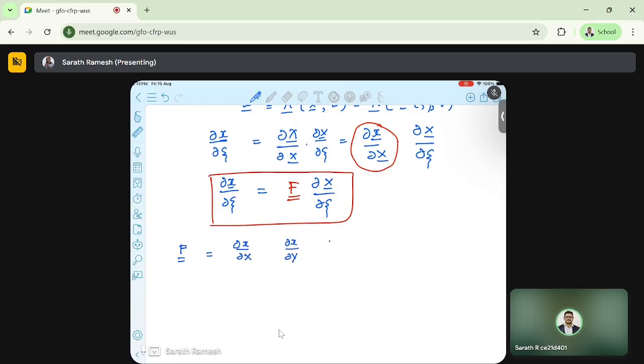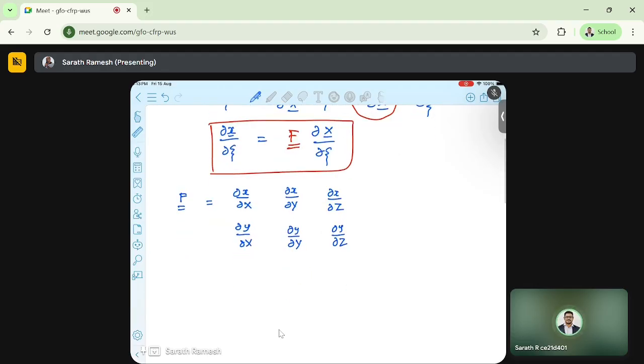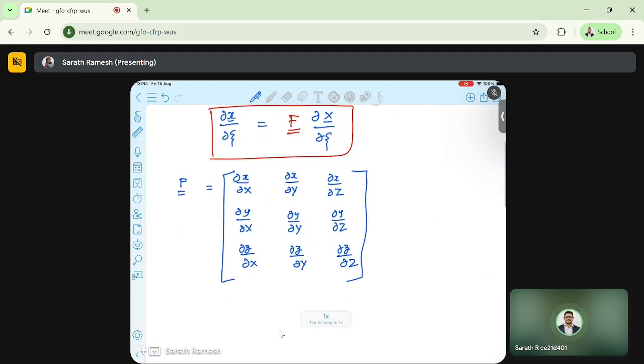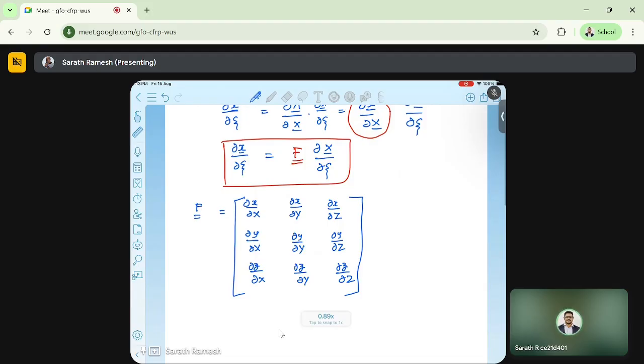It will have 9 components: dou small y by dou capital X, dou small y by dou capital Y, dou small y by dou capital Z, and similarly dou small z by dou capital X, dou small z by dou capital Y, dou small z by dou capital Z. So this is the matrix which contains the 9 components of the deformation gradient.